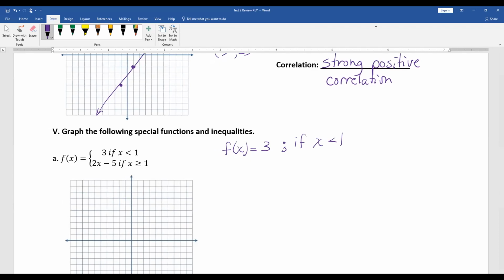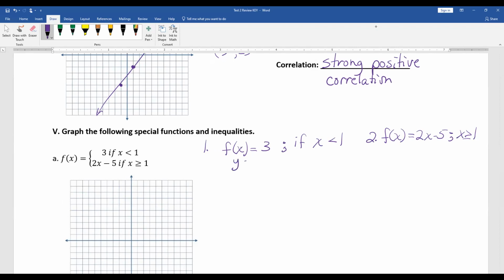And the other one, so I'll label that number 1. Number 2 is f of x equals 2x minus 5 if x is greater than or equal to 1. All right, so f of x stands for what?